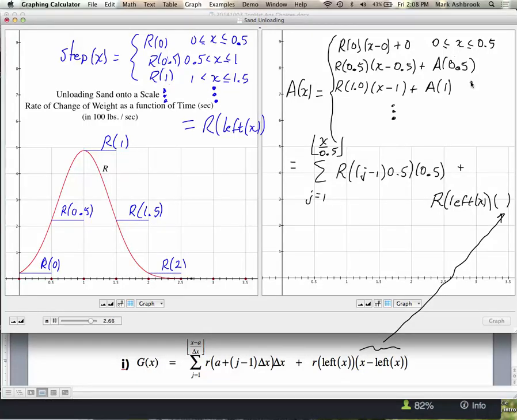The spirit of this is that you have all the accumulation in the first half plus the new accumulation in that second interval, k delta x. Right? Okay. So, questions on this?